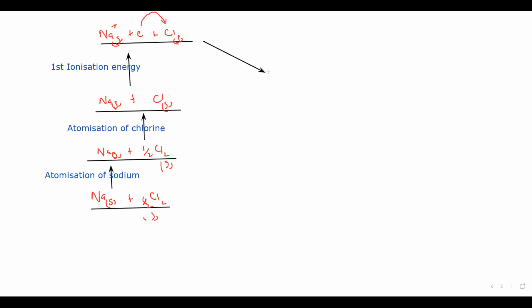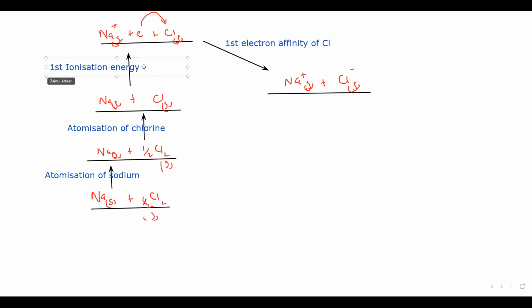When an electron is added to chlorine, it will turn into a chloride ion, a negative ion in a gaseous state, alongside the sodium ion. So when chlorine gains an electron, we call that the first electron affinity of chlorine. And this was the first ionization energy of sodium.